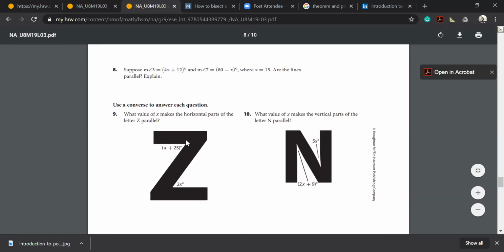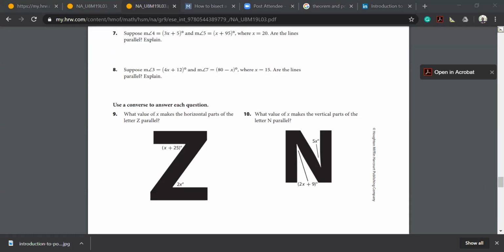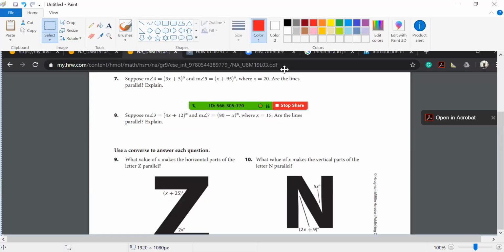So what will happen so that these 2 lines are going to be parallel? Imagine, girls, that this is just like having two lines like in here.